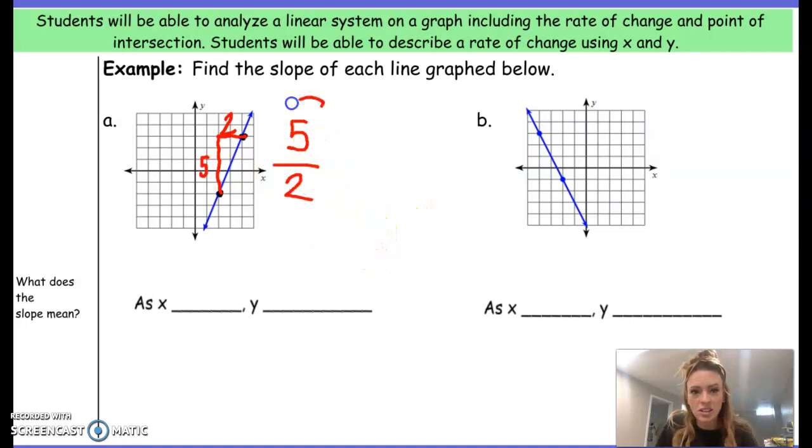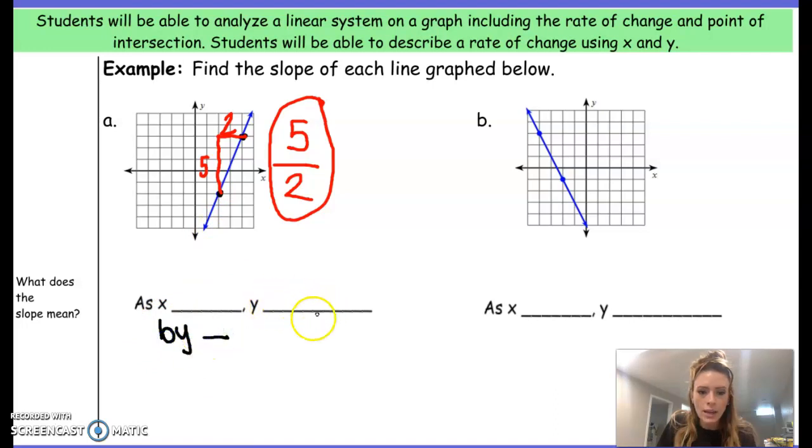But 5 halves is good because we like slope to be in a fraction or a rational number. Okay, so as X increases by, we're going to put by underneath, by blank. Y does something by blank.